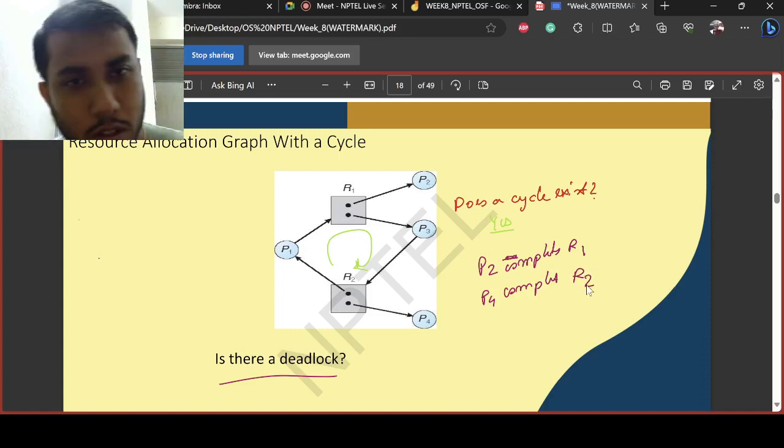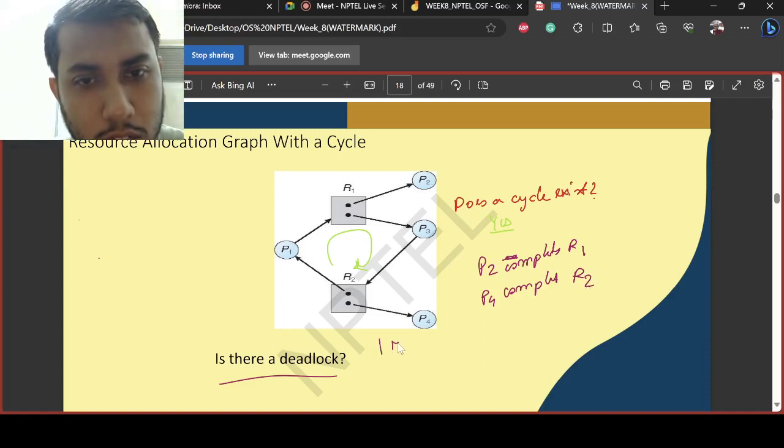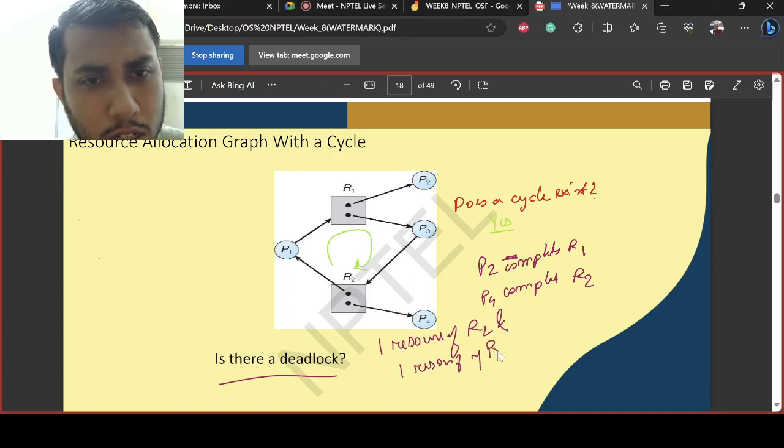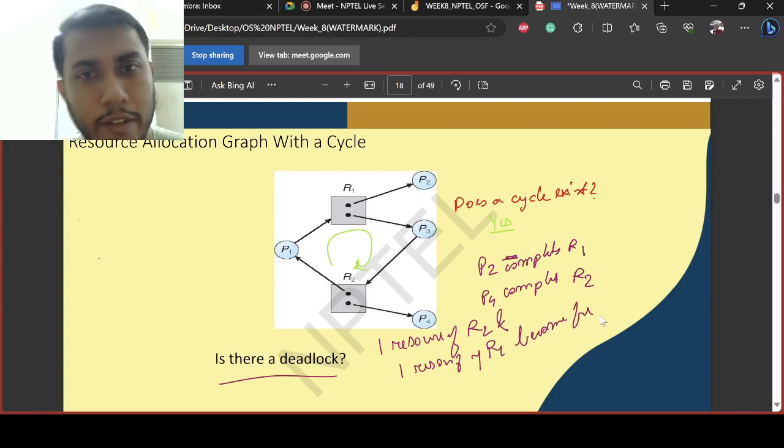Then one resource of R2 and one resource of R1 become free, right?